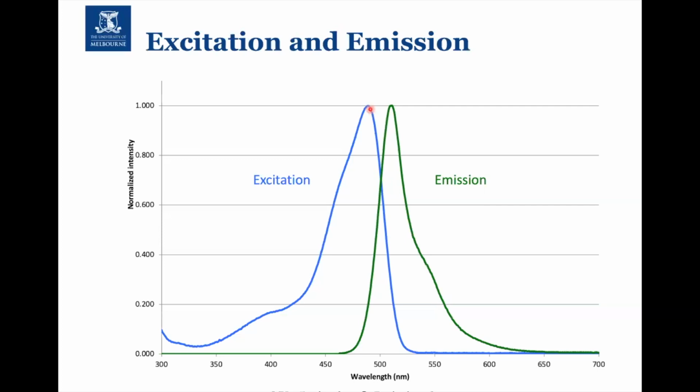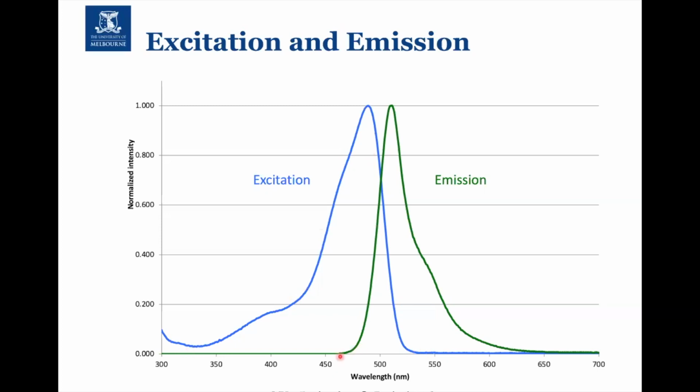What this means is if we look at what we call the excitation and emission spectra for a given fluorophore, in this case, we're looking at enhanced GFP. In blue here, we've got the excitation spectra. These are the wavelengths over which this molecule will absorb that photon of light. And of course, it does it most efficiently at the maximum here, but it will absorb photons at all of these wavelengths.